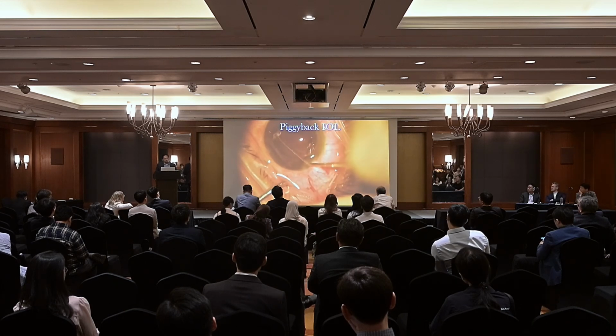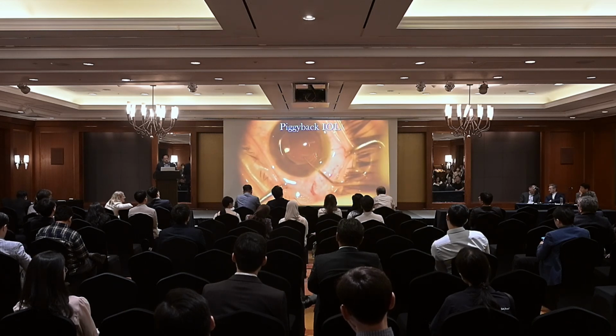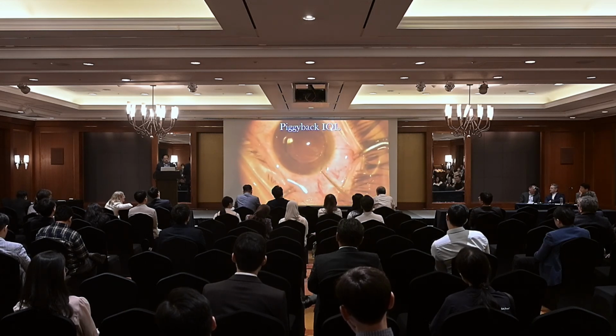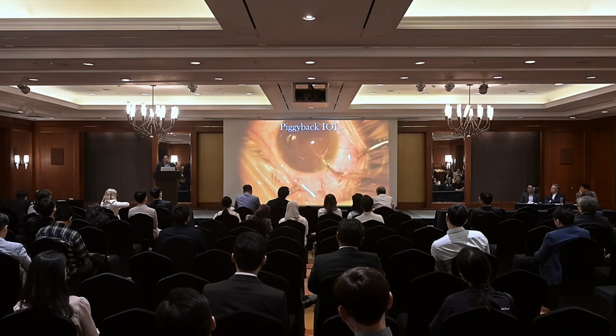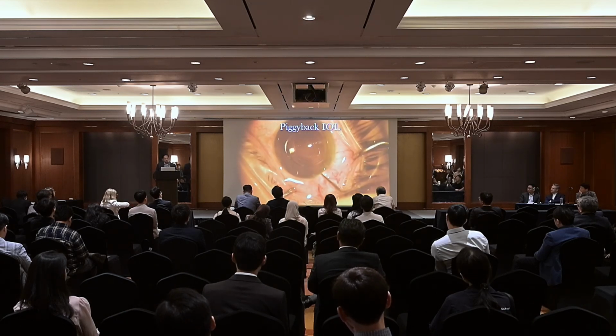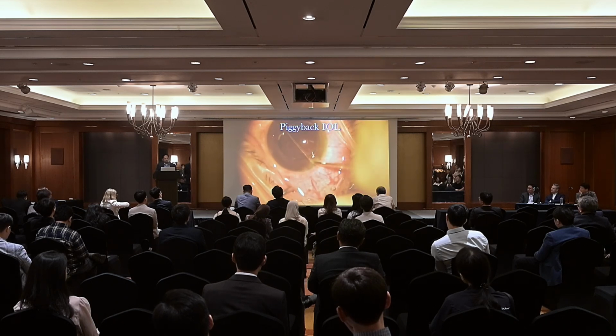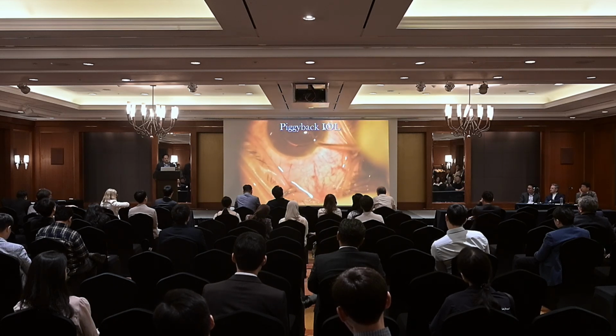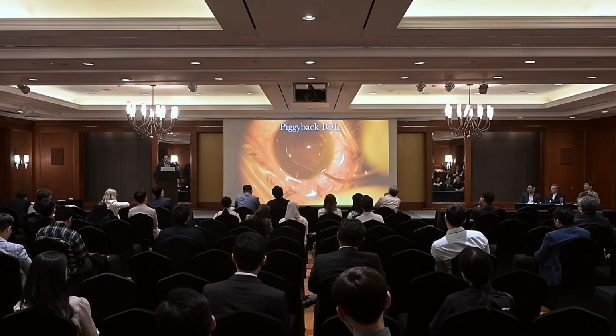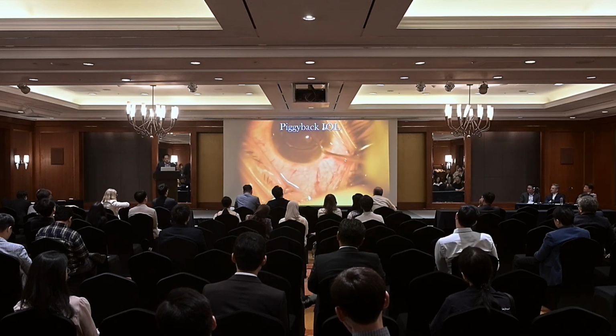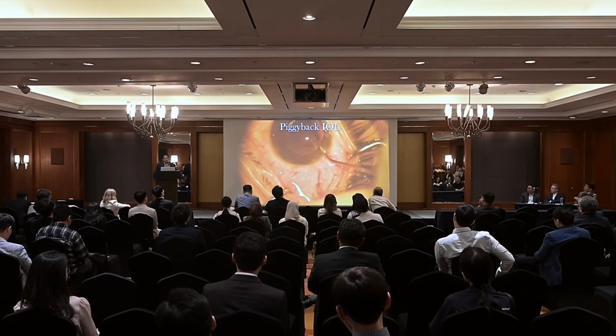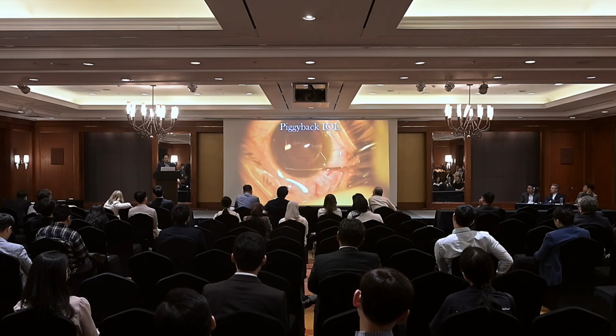So you can always put the lens in the sulcus, and since the eye is already pseudophakic, we have quite a big room for another lens. Just make sure the center of the first IOL is matched with the second IOL. Be very careful, because sometimes the first IOL can be added to the second one.